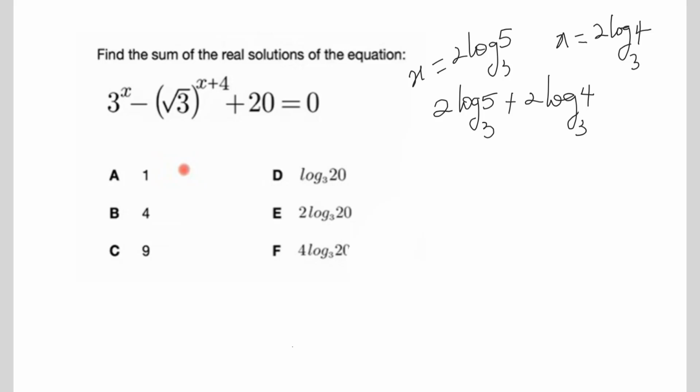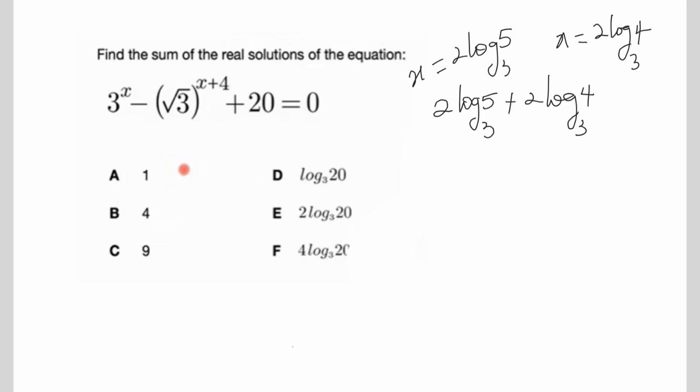So both are having the same base and there is addition. So it means we are going to be applying one of the laws of logarithm here. We have 2, which is common.